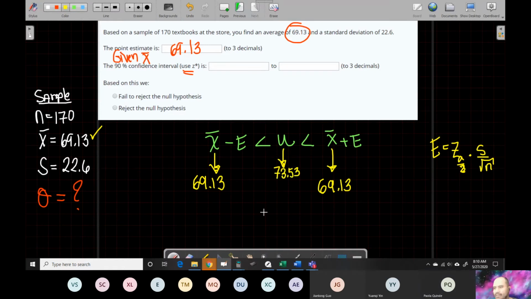I don't know if you remember that from the very beginning that we talked about. So now we need to find E. Now I'm going to go to a different page and then I'm going to come back here. E depends on this number that says 90%. So we're going to move forward and then go back to this to find E. So let's open a new page.